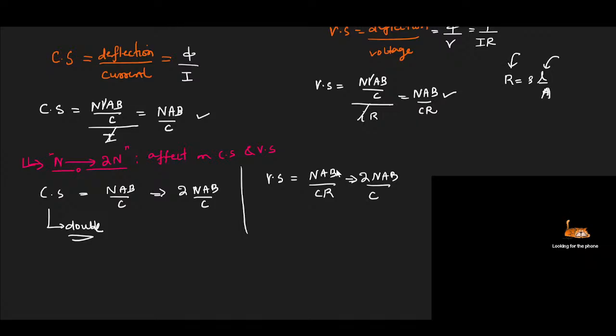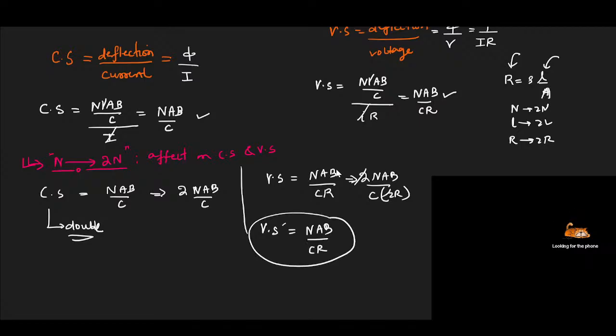That simply indicates, if we are increasing N to 2N, it will increase L to 2L. It will increase R to 2R. So can I write now here, instead of R, I will write 2R. 2 cancels out, so VS came out to be NAB divided by CR. So I guess these are similar, no? So no effect.